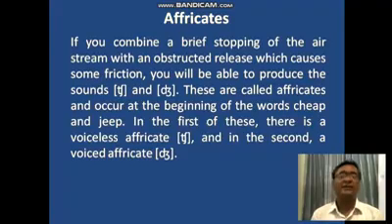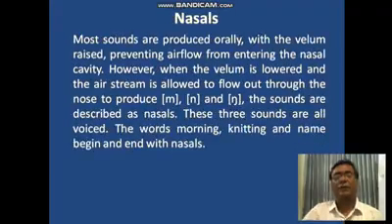The way these sounds are produced is known as affricates. The first of these is a voiceless affricate, "ch". You have already understood what is voiceless. And the second is a voiced affricate, "j". So "ch" is a voiceless affricate and "j" is a voiced affricate.